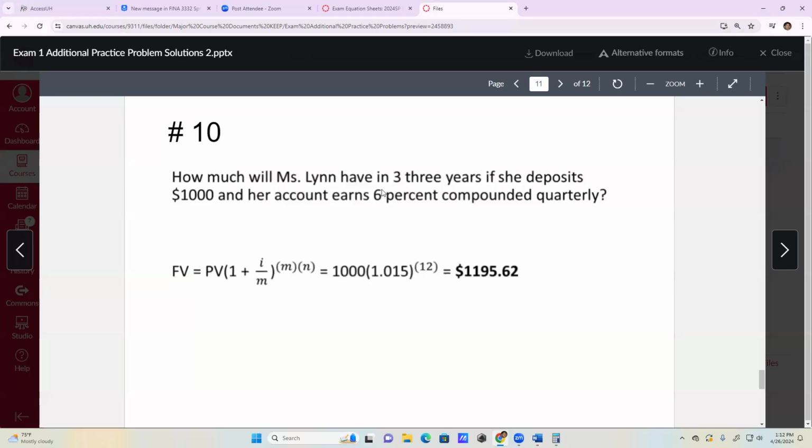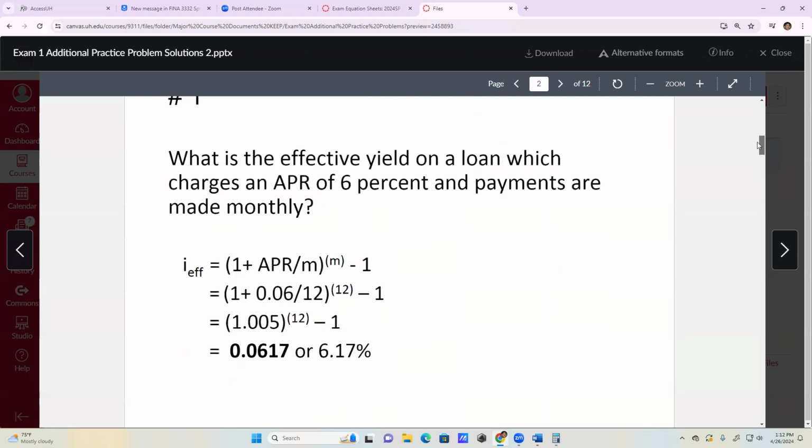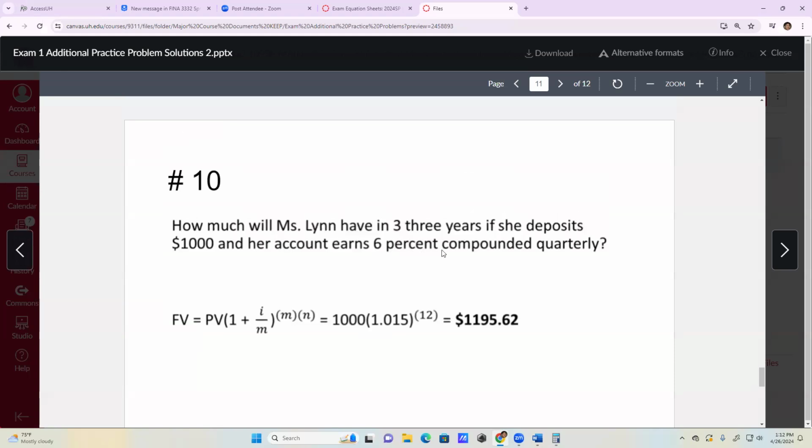You guys see 6% compounded quarterly. This one is talking about the one from before, the very first equation we worked together here, right? APR divided by something like that. 6% compounded quarterly.